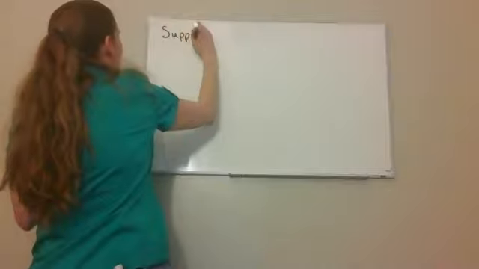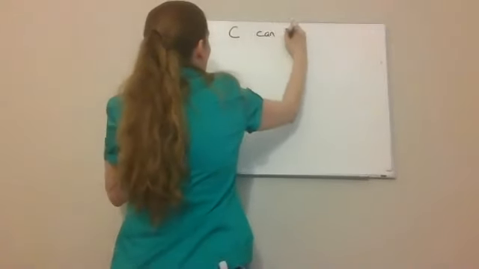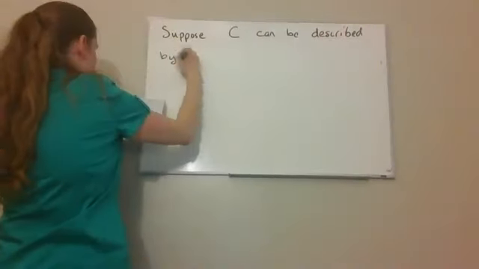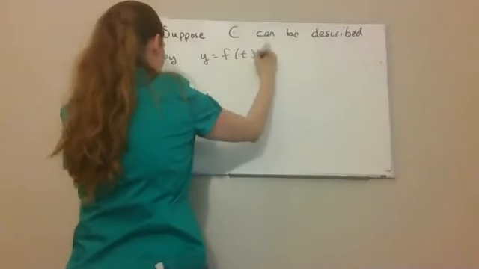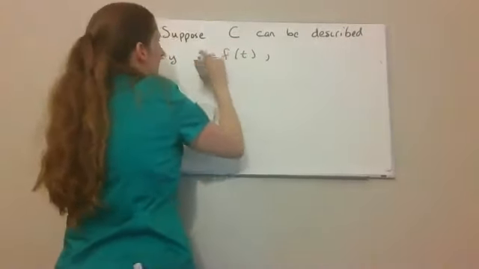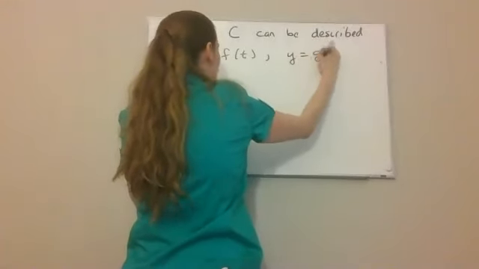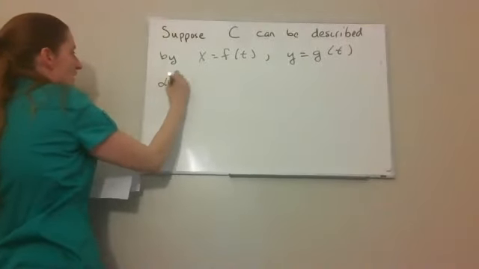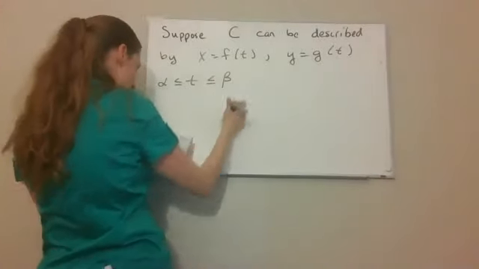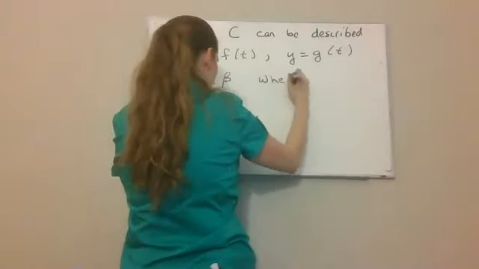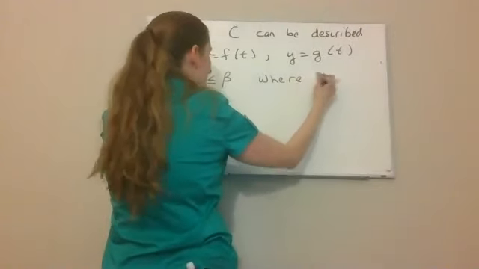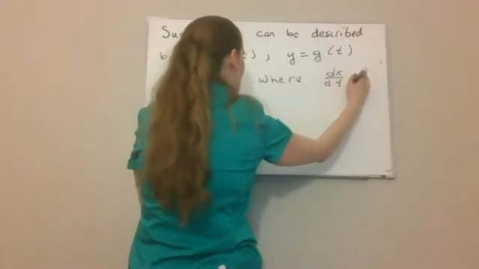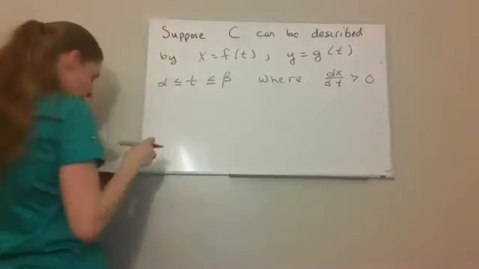So let's suppose a curve C can be described by x equals f of t and y equals g of t, with alpha less than or equal to t less than or equal to beta, where dx/dt is greater than 0.